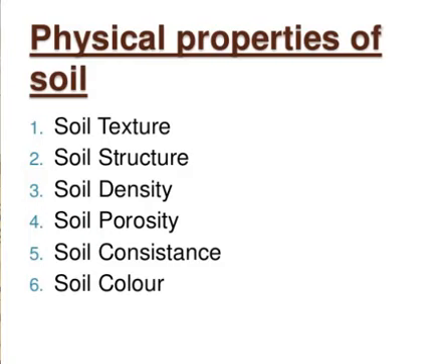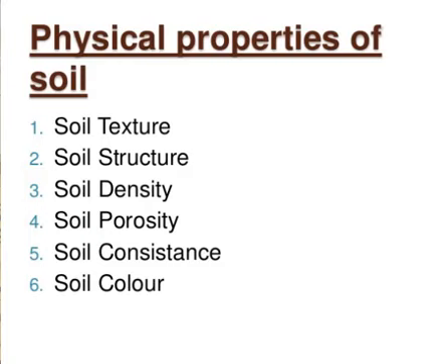Okay. Then, what are the different physical properties of soil? If a question arises in your semester exam, that is, enlist different physical properties of soil, it means you have to list only these properties. Number one, soil texture. Number two, soil structure.